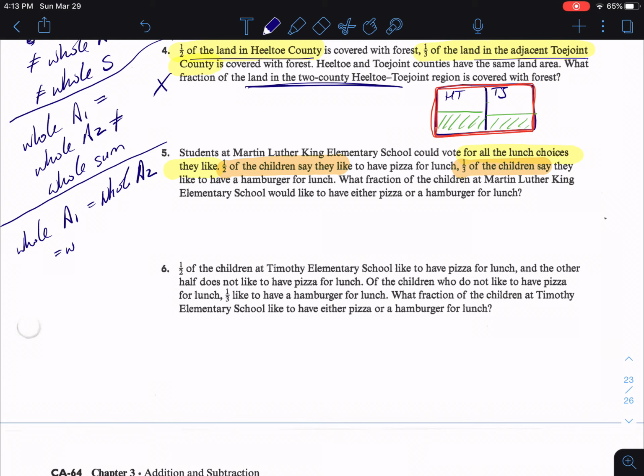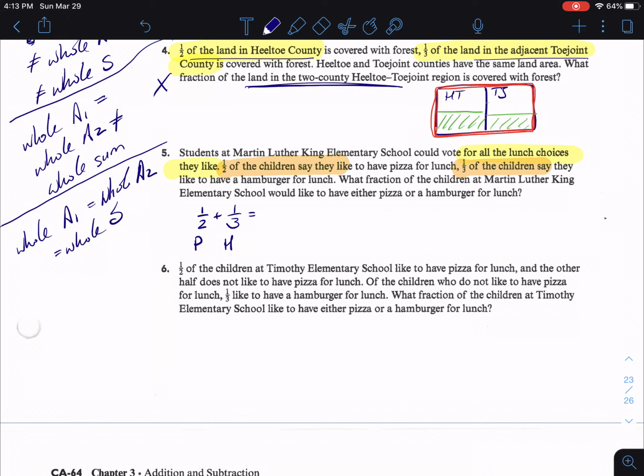It sounds like that's also the same as the whole for the sum. So it seems like that's okay. But does it make sense that half plus a third, where this is pizza and this is hamburger, gives us 5/6 of the students liking pizza or hamburger?